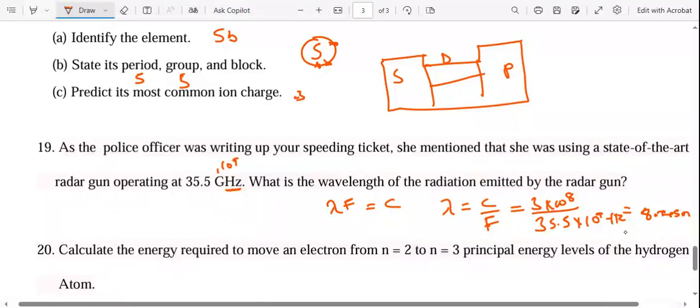Like I said, when you punch it in, you find something like 8.45 nanometers. Okay, so that is it. That's how you find this.